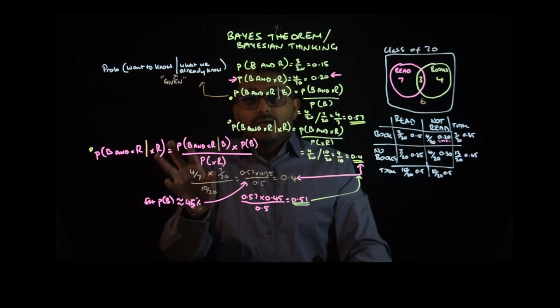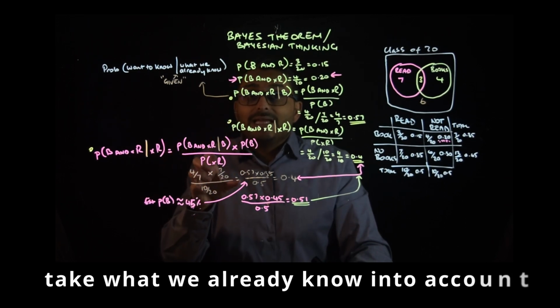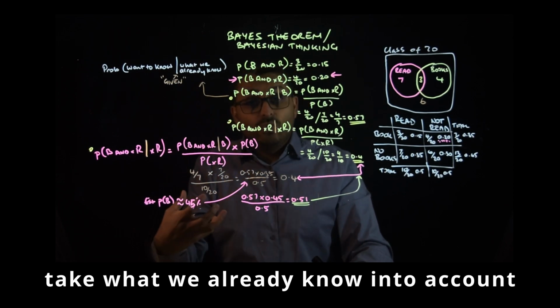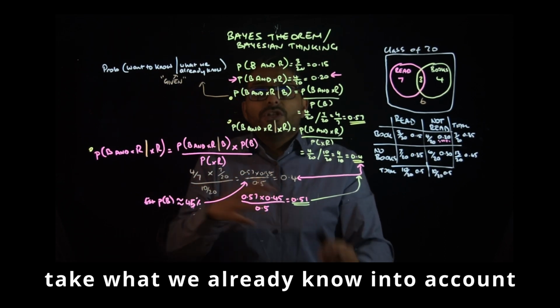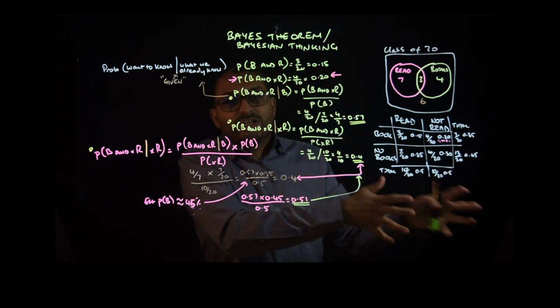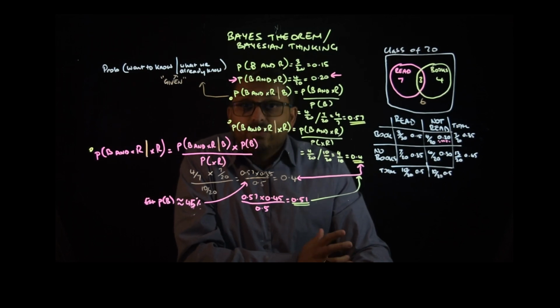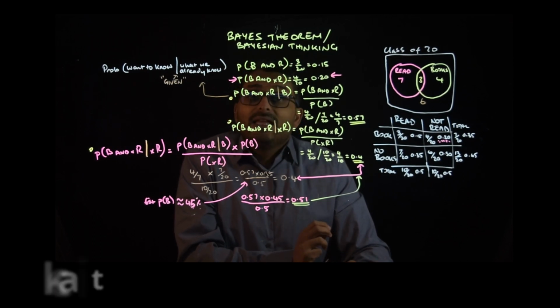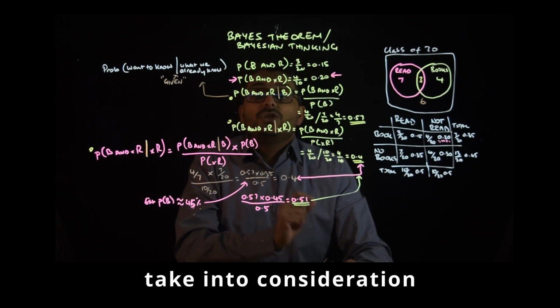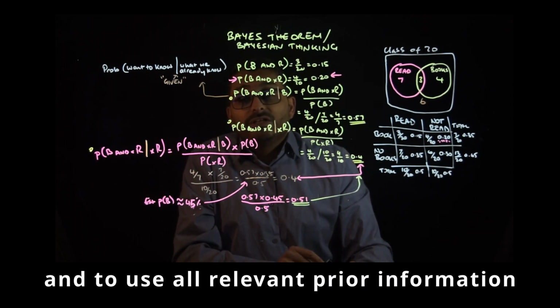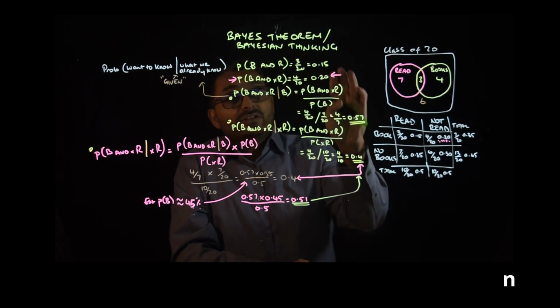And so when we learn something new, we should take as much as possible of what we already know into account. The new information essentially shouldn't push out the old information. And so a Bayesian thinking approach is to take into consideration and use all relevant prior information when making decisions.